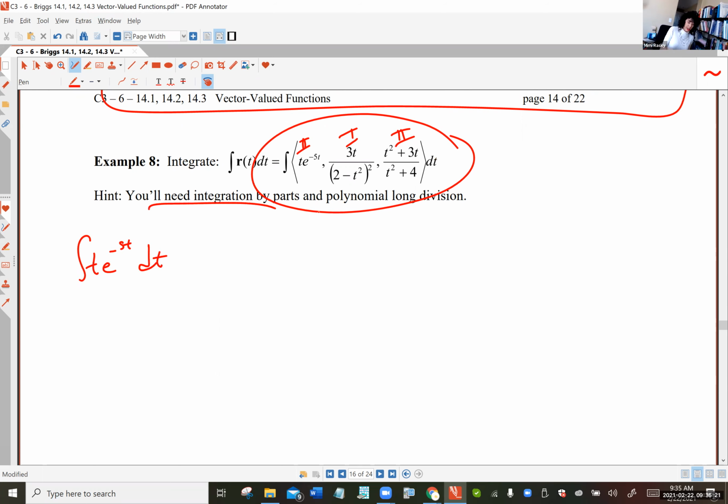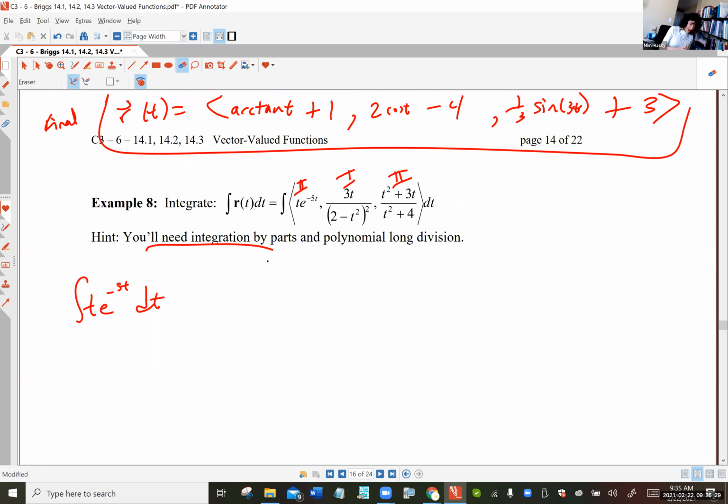So there's a hint. I'm going to need integration by parts and polynomial long division. So do any of those come into play for this first problem we're looking at right now? Integration by parts. Yes, IBP is definitely needed for this first one.